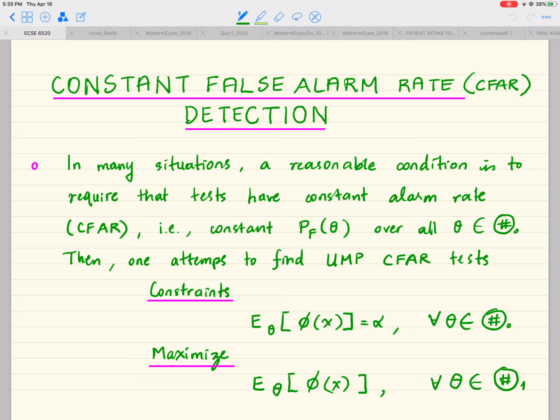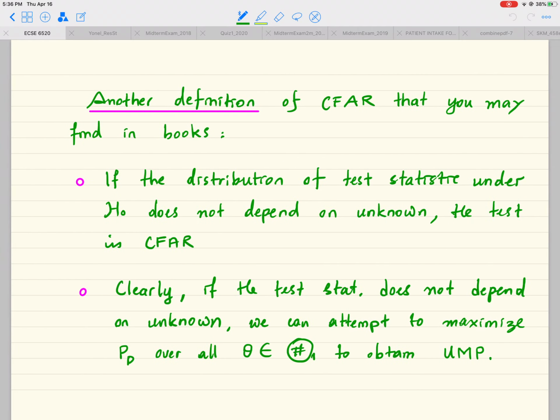So we are essentially looking for a test phi so that the false alarm rate is constant. That is, the expectation of phi under the null hypothesis is a constant alpha. And then we maximize the expectation of phi, assuming that theta belongs to the set capital Theta sub 1. All right, so that's one definition.